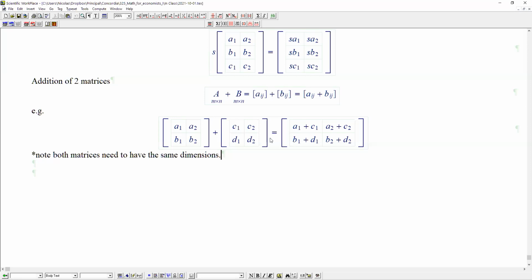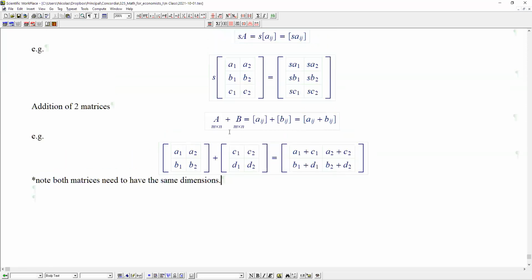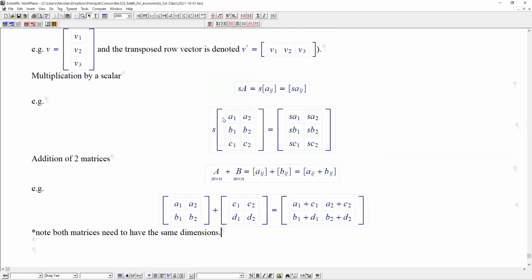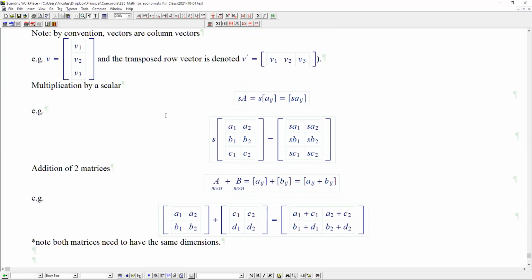All right. So what you're going to see is that all the operations you know, addition, multiplying by a scalar, have their equivalent in matrix form, but different. You have to adapt them in some way. You can use your intuition, and sometimes it's going to work.